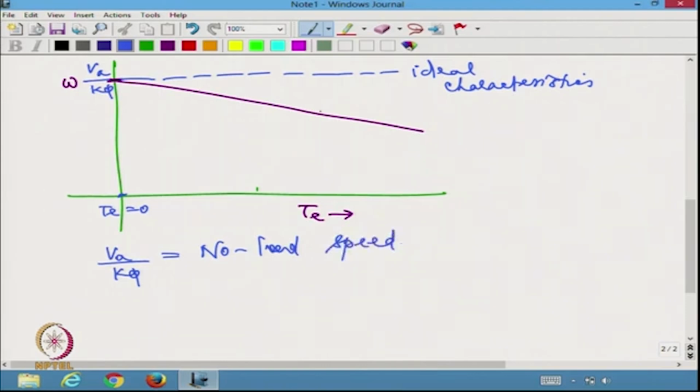But as I have more and more current drawn or the torque demanded from the load side, I am going to have at this point so much of drop in the speed. So, this is the drop in the speed.